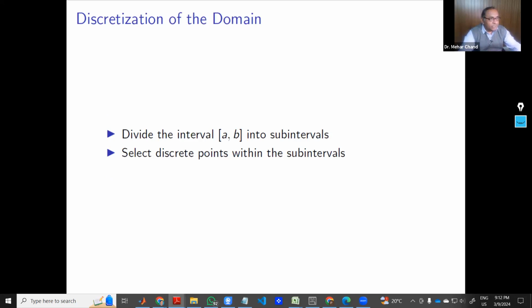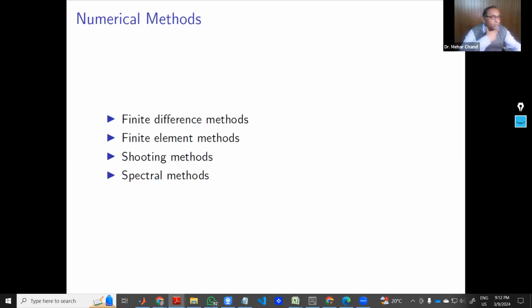Then we need to choose the method. There are four methods: finite difference method, finite element method, shooting method, and spectral method. Two methods from these four we have already discussed.